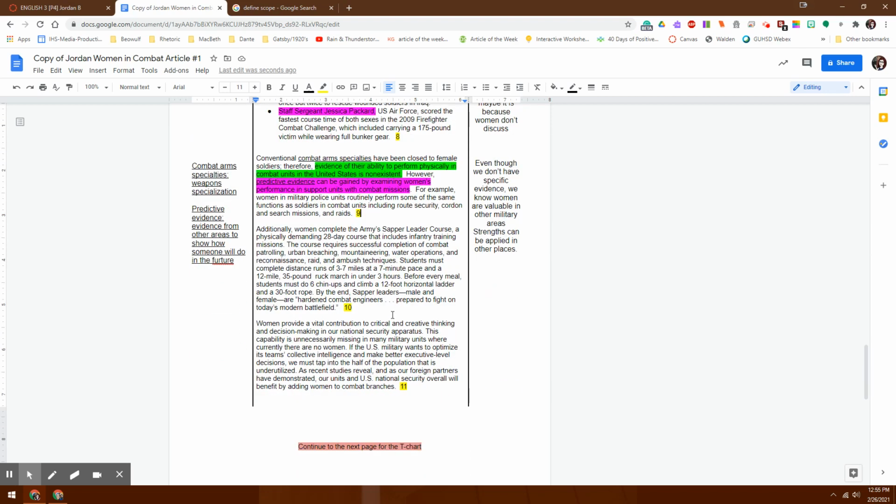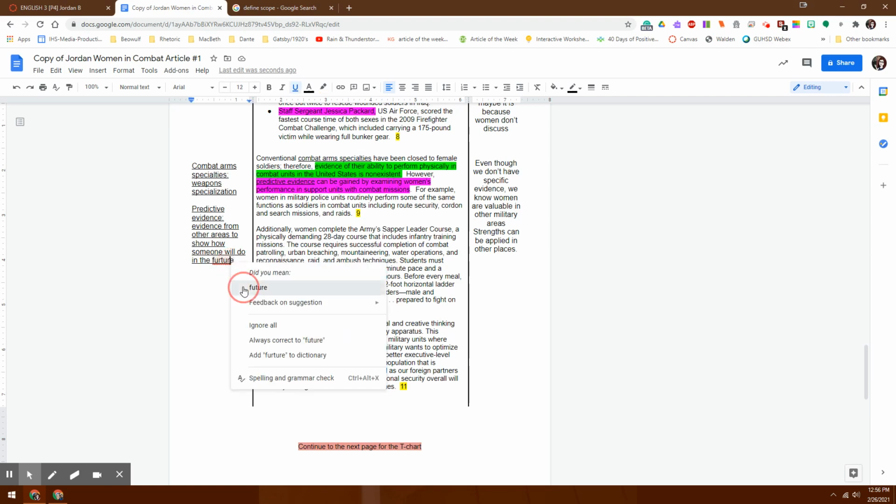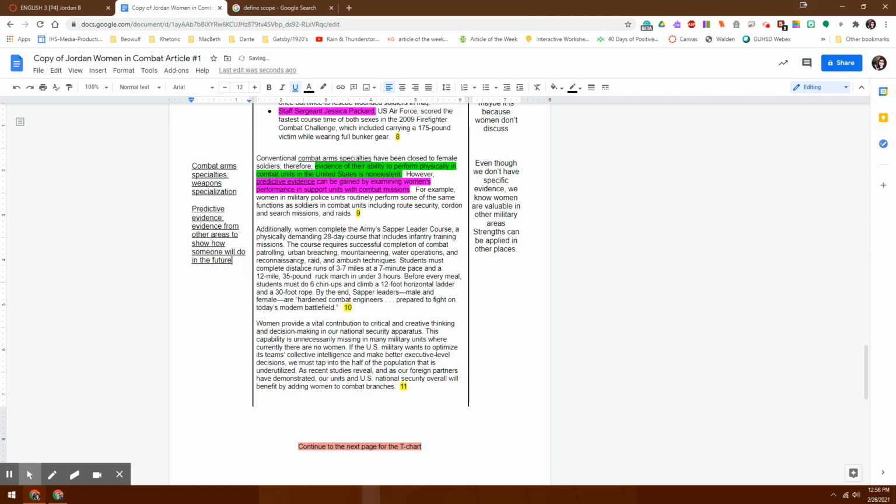Paragraph 10. Additionally, women complete the Army's Sapper Leader course, a physically demanding 28-day course that includes infantry training missions. The course requires successful completion of combat patrolling, urban breaching, mountaineering, water operations, and reconnaissance. Sorry, I got distracted by that. Reconnaissance, raid, and ambush techniques.